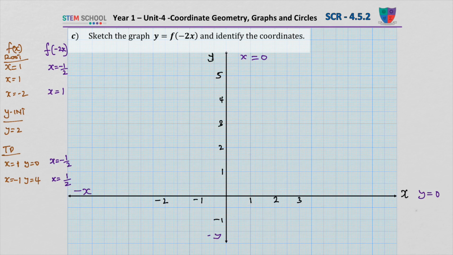x equals minus a half, and x equals 1, and x equals minus a half is the minimum point, and the maximum point is x equals a half, y is 4. The intercept is 2 still, it doesn't change.